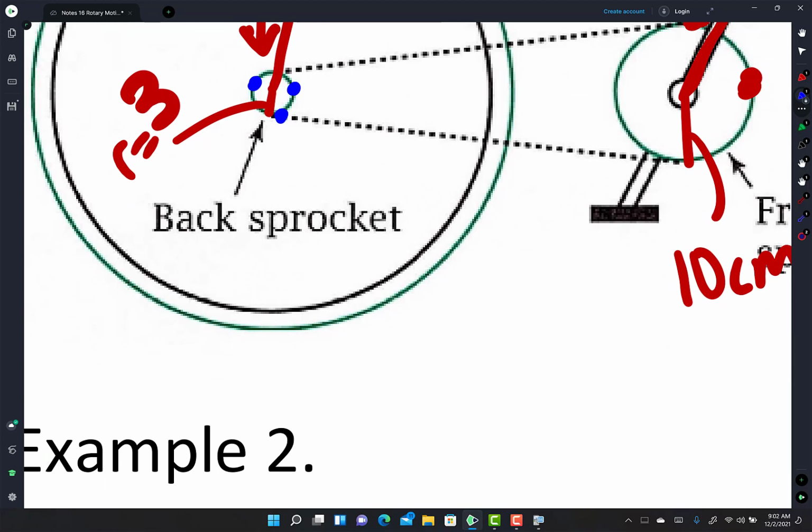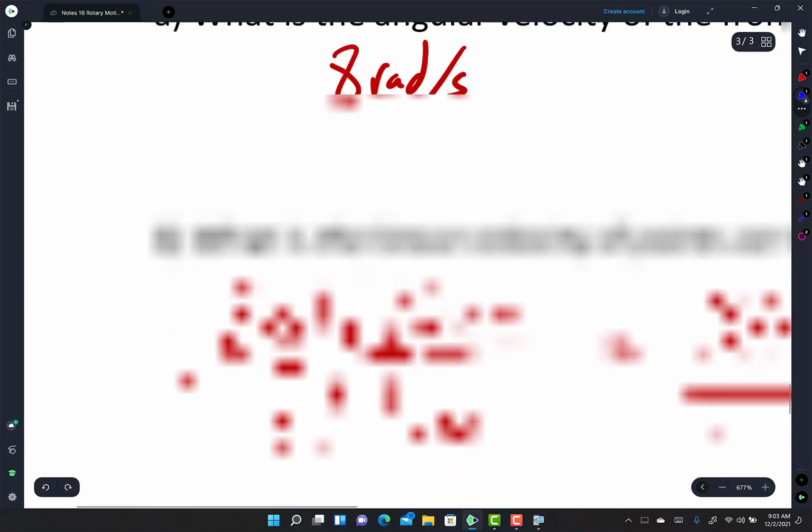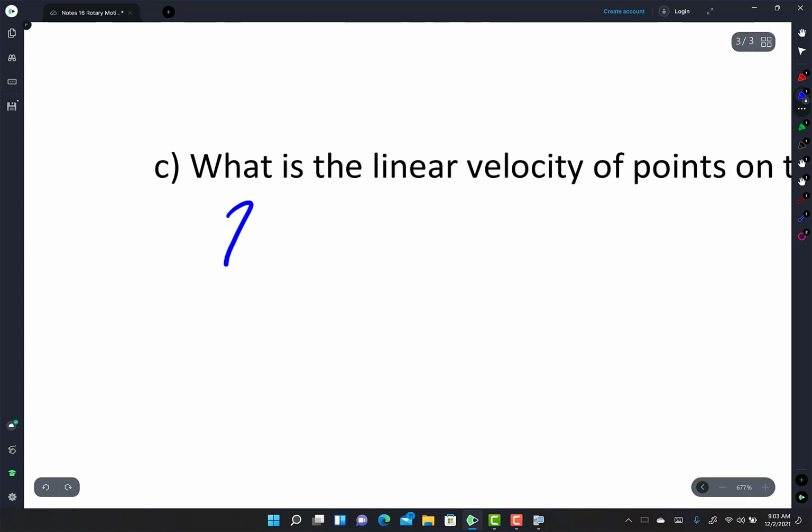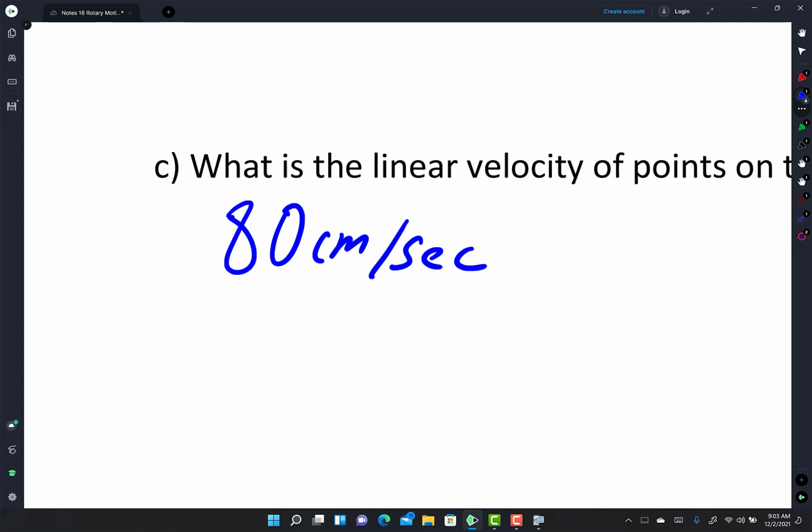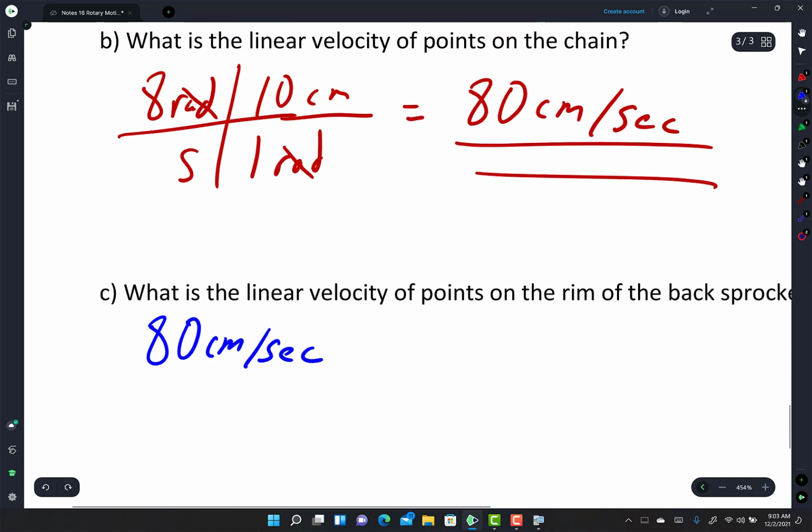The linear velocity of the chain, right? So that must mean that this has to be moving 80 centimeters per second, because it's connected by the chain. If it's not moving at 80 centimeters per second, then the chain is falling down. So, okay. Do you know what I mean?